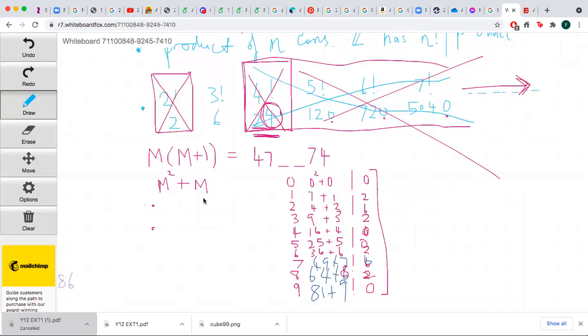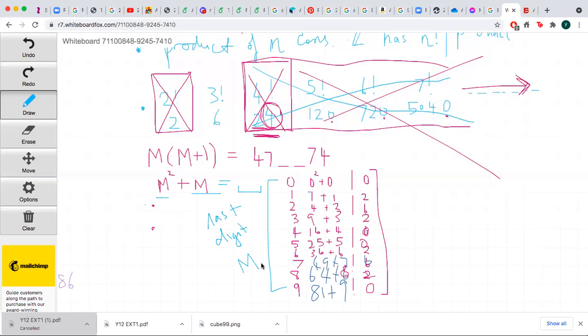The idea was these are my possible last digits of m. If I'm going to square m and add it to itself, then if I want to look at the last digit of the result, it's enough to just square the last digit of m and add that to itself.